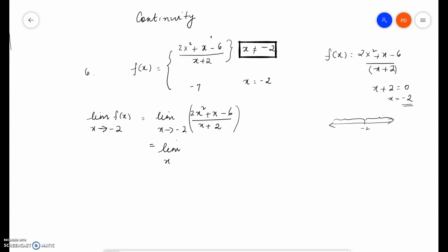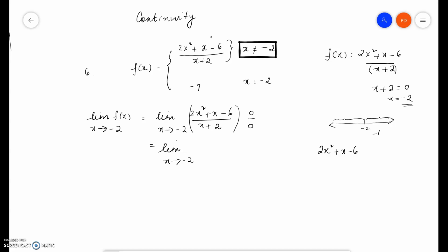So, the limit as x approaches negative 2. If we plug in negative 2, we get 0 over 0. So let's factor 2x squared plus x minus 6.